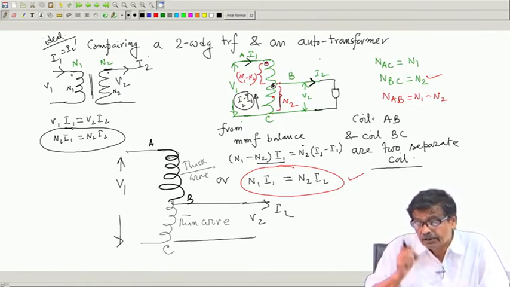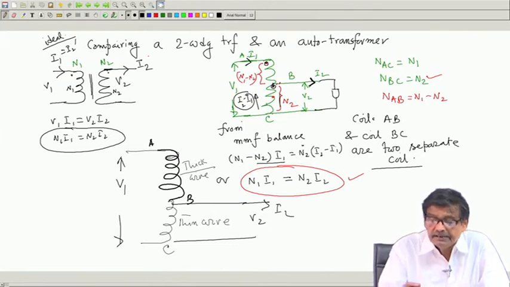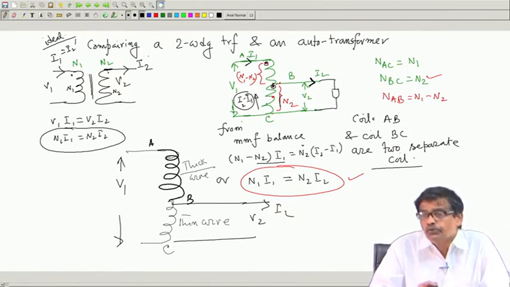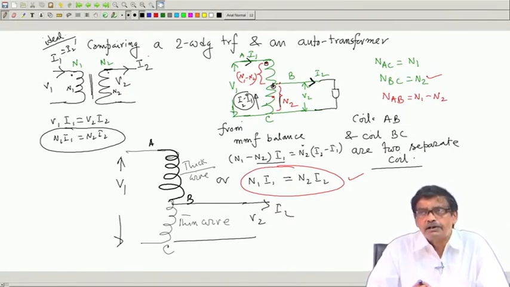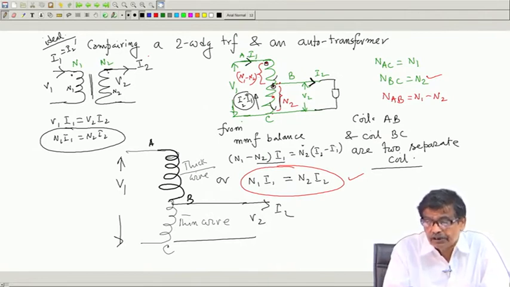Then we argued that this portion of the winding A B and B C are two separate coils, no common part in between them. Therefore, MMF produced by this coil and this coil must balance. Through the dot, if I 2 minus I 1 is coming out, and if I 1 is inputted in the upper portion of the coil, these two MMF must balance.